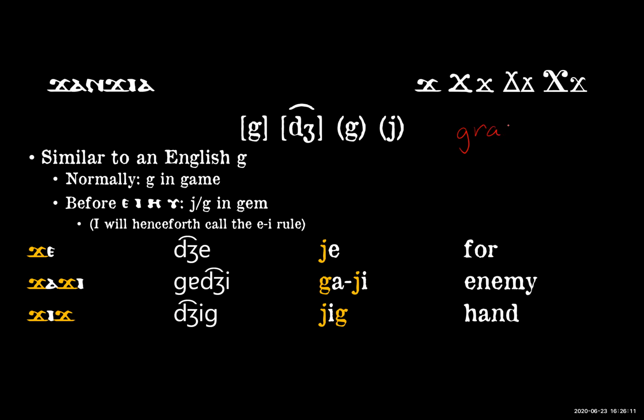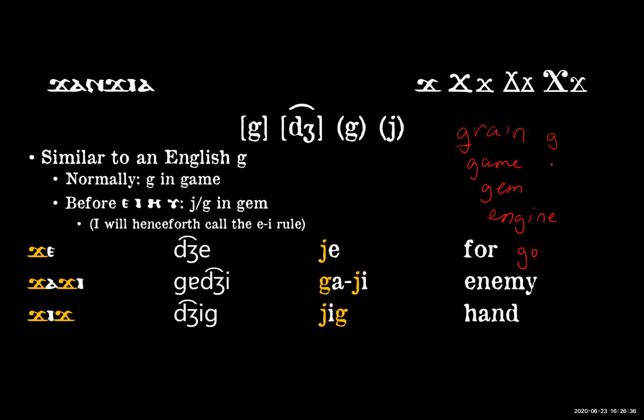So if I were to have this word, this word, this word, this word, and this word. So we have the G here is pronounced G, a hard G, green, pronounced like a G. If it's before an A vowel, it's game.